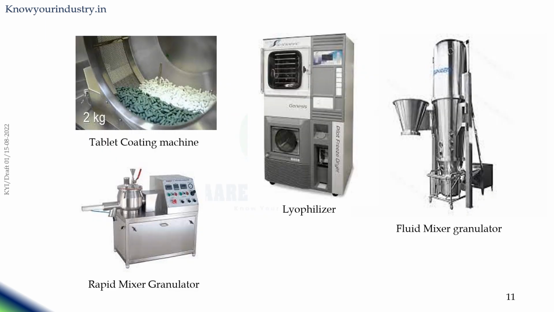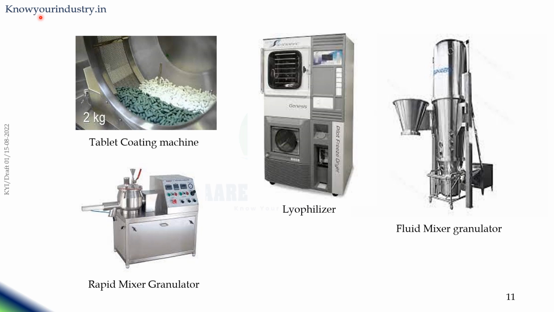Look at the pictures of a coating machine, where you can load the uncoated tablets and do the spraying with the binding or the coating fluid. This is a rapid mixer granulator.